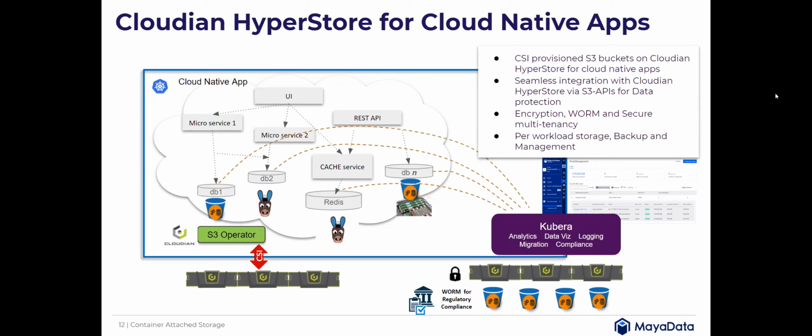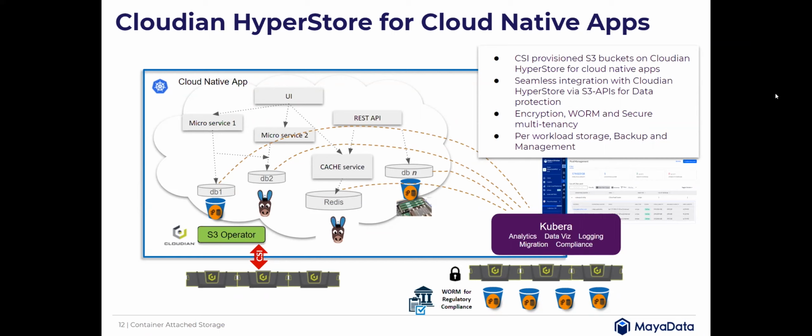Once you have all of that and you need to add S3 object storage, that's where our partner Cloudian comes in. You can dynamically, in a cloud native way, use the Cloudian S3 operator to get an on-demand object storage bucket using the CSI operator.